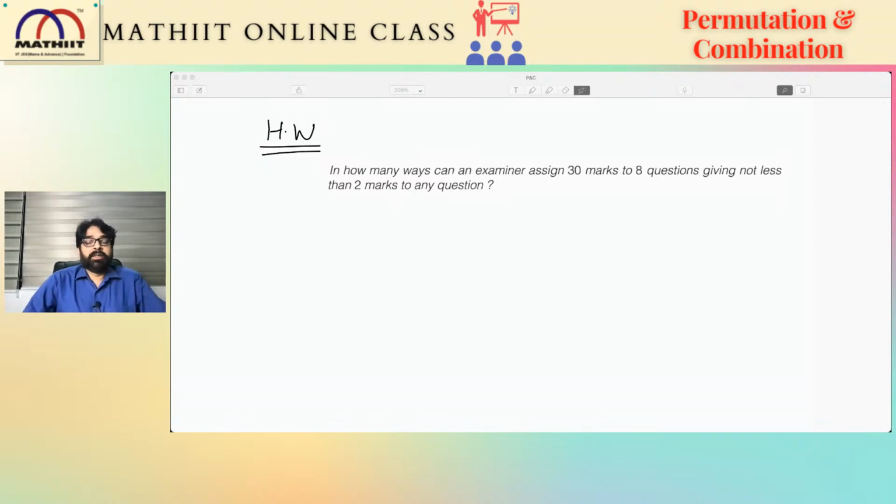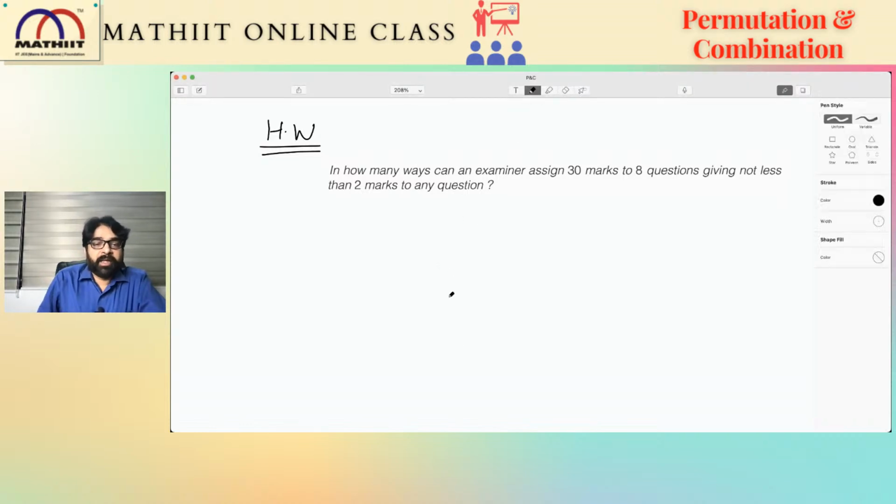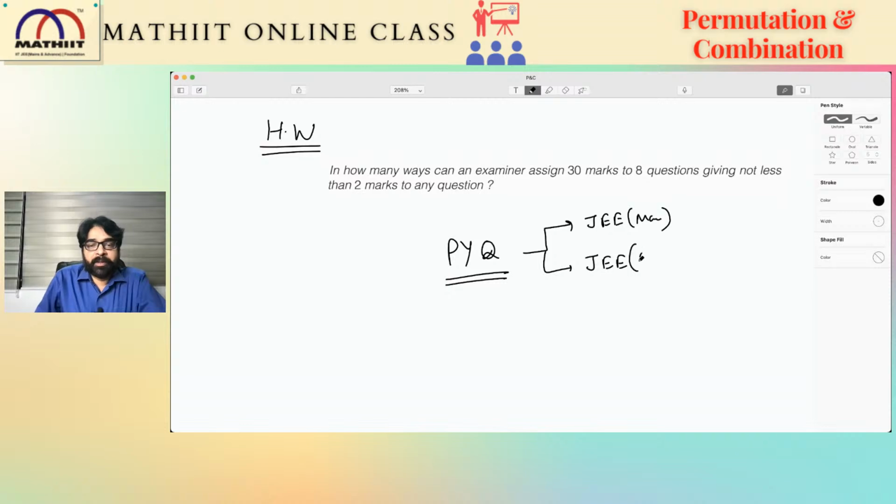So this is all about permutation and combination from the theory point of view. The next session will be on the PYQ of permutation and combination, which will be done after 3-4 days. PYQ means previous year JEE questions, including JEE Main and JEE Advanced.